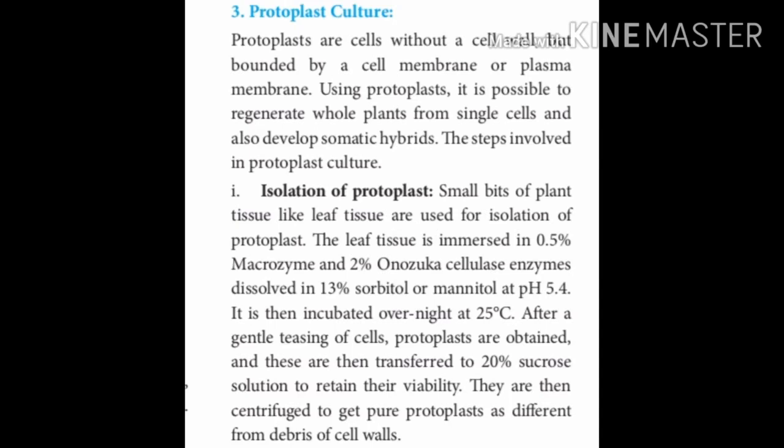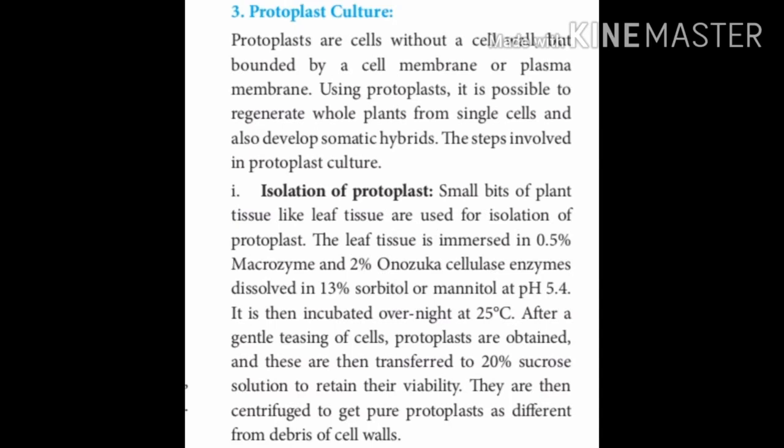Small bits of plant tissues like leaf tissues are used for isolation of the protoplast. The leaf tissue is immersed in 0.5% macerozyme and 2% Onozuka cellulase enzymes in 13% sorbitol or mannitol at pH of 5.4.